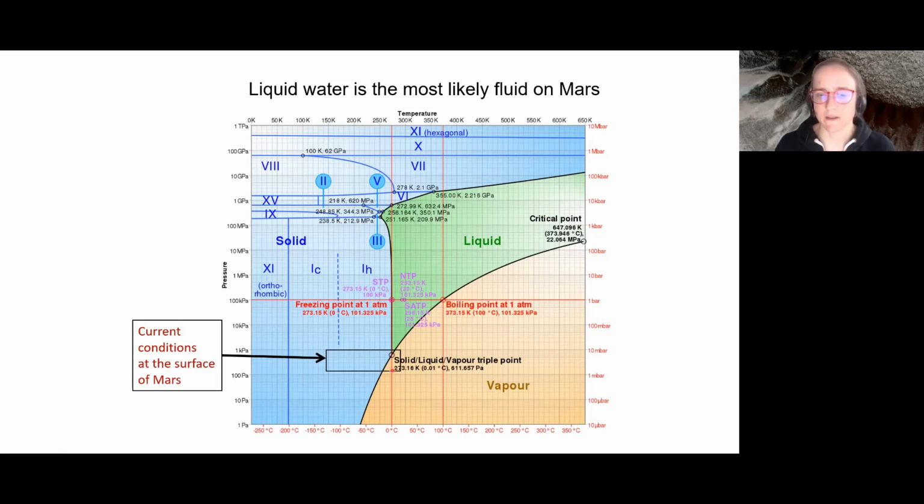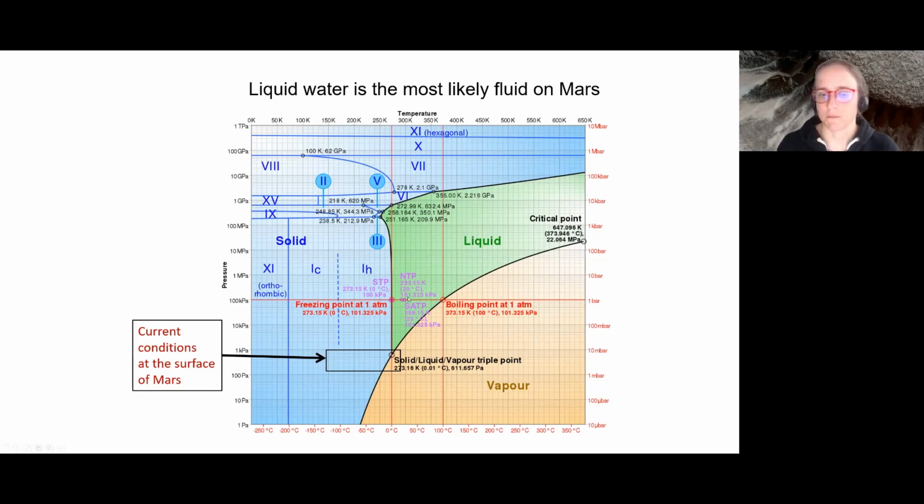And in here, this is the Martian box. Actually, this should be transposed a bit further down because it should be partial pressure of water vapor. And what we can see is that, though for most of the time Mars's water should be frozen, it is possible to achieve the triple point of water under exceptional conditions, even at the present day.